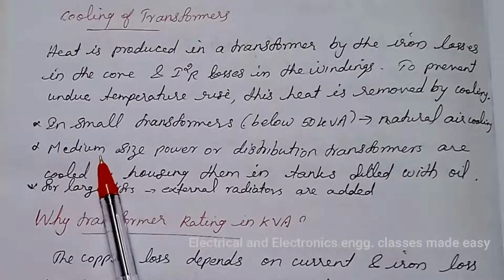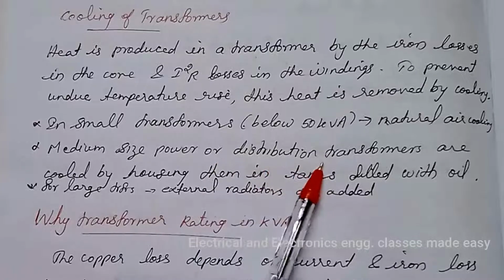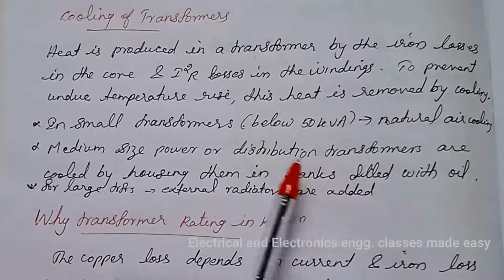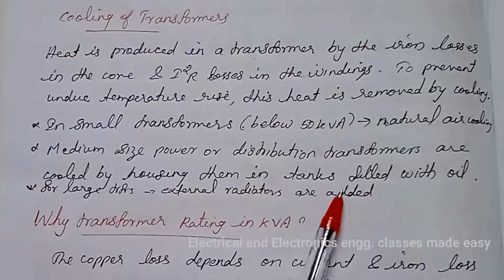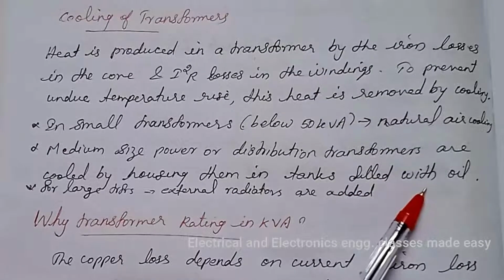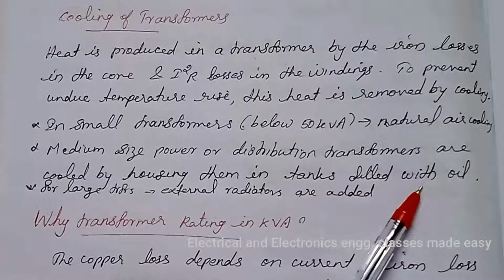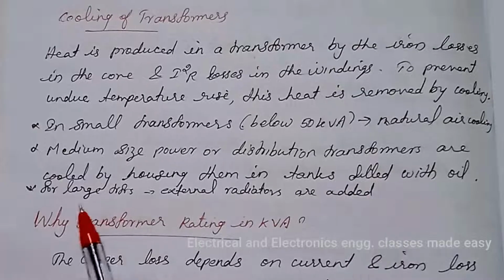Medium-sized power or distribution transformers are generally cooled by housing them in tanks filled with oil. The oil carries the heat from the windings to the surface of the tank. The oil also provides better insulation for the windings.